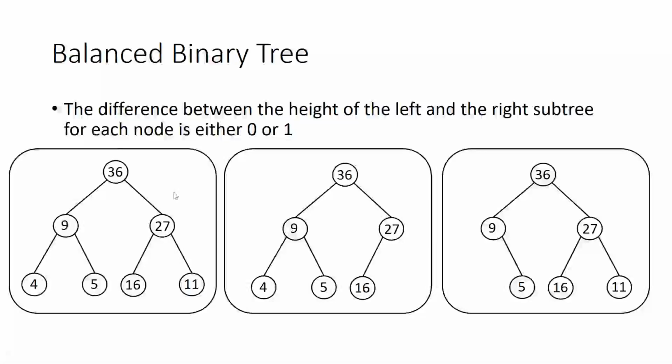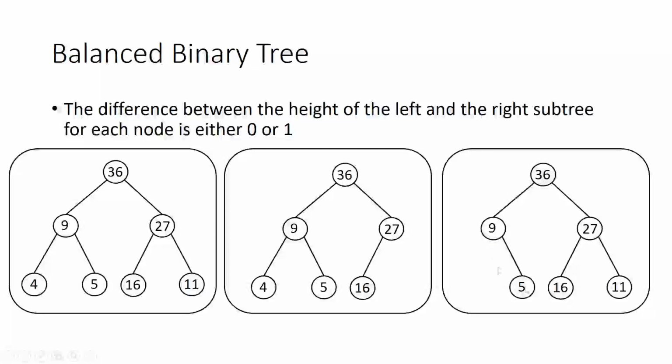So we can say that it is a balanced binary tree. Now, in the second example, the left subtree height is 2 and the right subtree height is 1 in the case of 27. So the difference is 1. So again we can call this example a balanced binary tree.